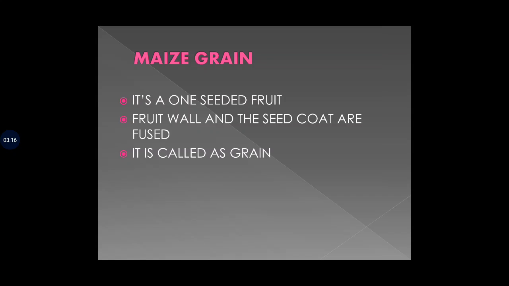The outermost part is the testa, which is quite hard, rough and tough, and protects the internal structure of the seed. In this maize grain, we do not have a distinctive separation of testa and tegmen. So, according to the first point, it's a one-seeded fruit.